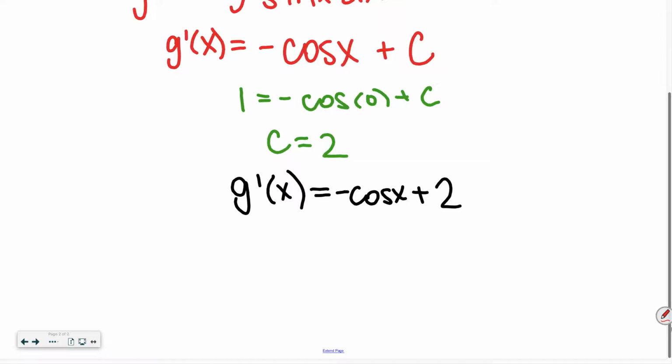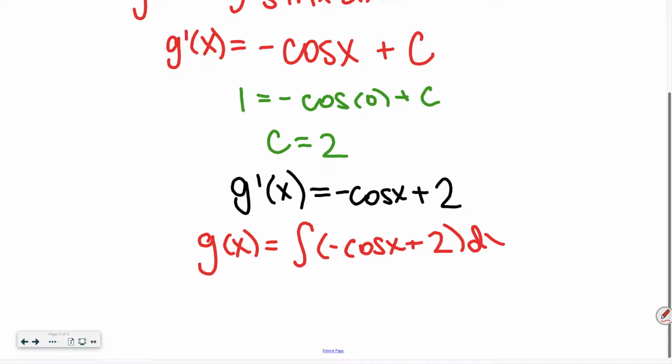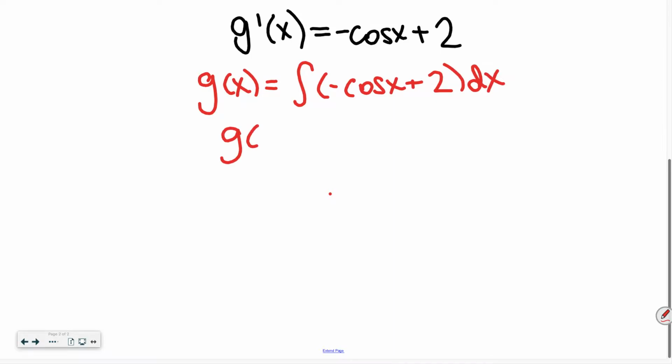Well, we really want to know g of x, so we're going to have to do the antiderivative one more time. All right, so if we want g, we're going to have to take the antiderivative of negative cosine of x plus 2. Autumn, what would our antiderivative be?